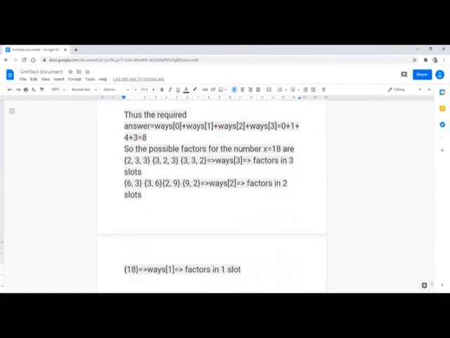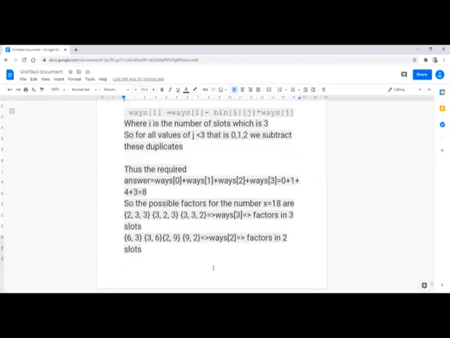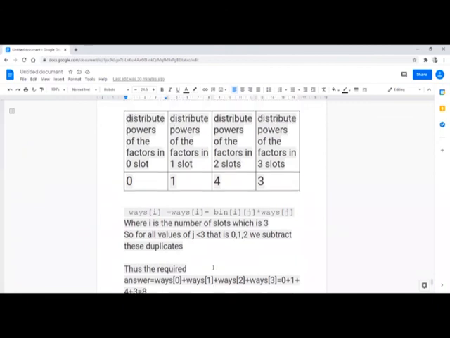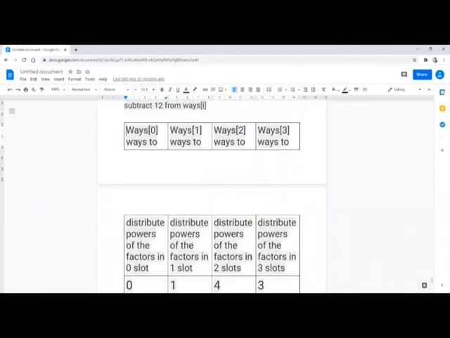Thus the required answer is ways of 0 plus ways of 1 plus ways of 2 plus ways of 3, which is 0 plus 1 plus 4 plus 3. When we go into DP, this is the final DP array, which has the values 0, 1, 4 and 3.